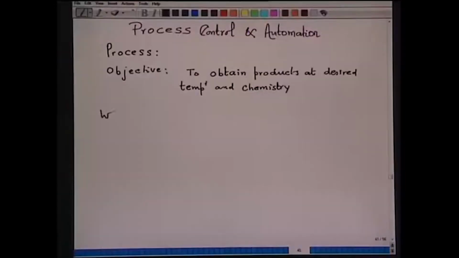Now, when we say we have to control the process in general, what do we mean? What is to be controlled?